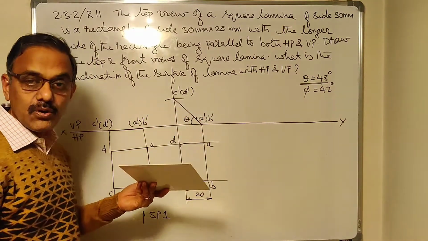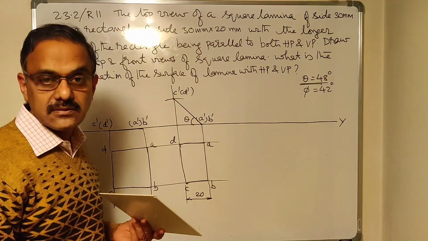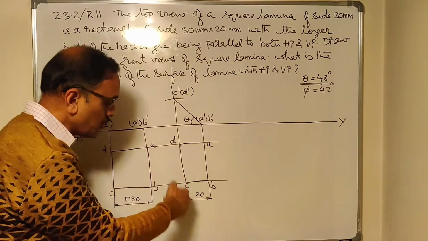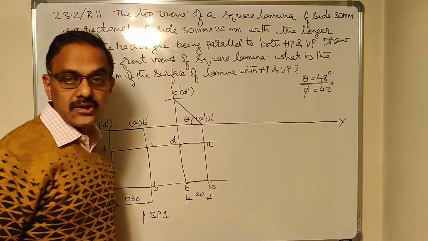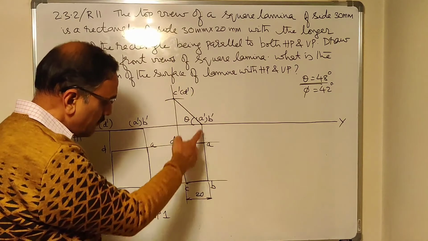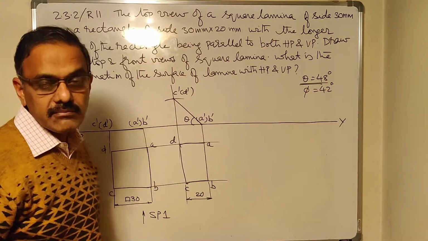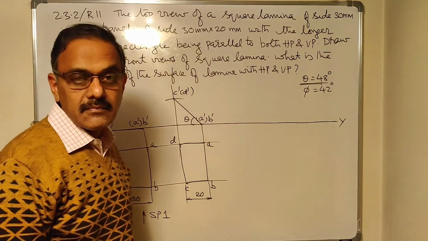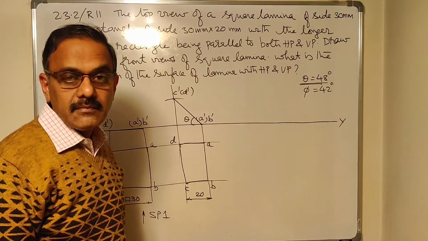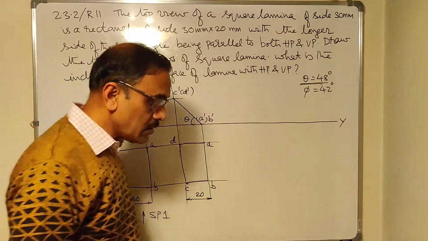So what will happen to the top view? The top view also gets rotated by 90 degrees. This rectangle, you have to rotate by 90 degrees and draw the third step. How do you rotate? You make sure that this AB, which is perpendicular to XY, is made parallel to XY. That's all. The same rectangle you will draw here with AB parallel to XY.